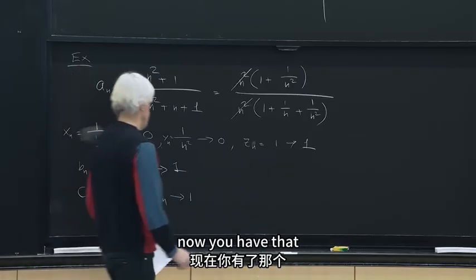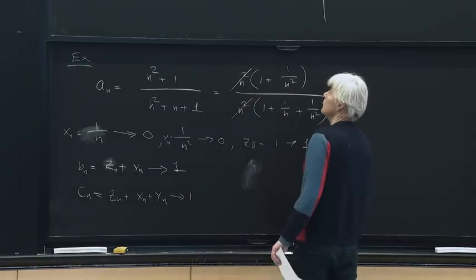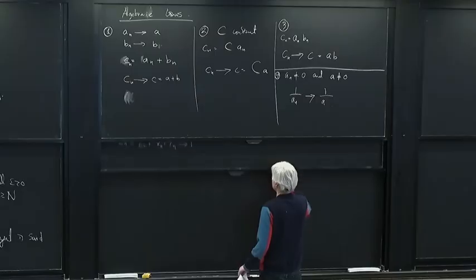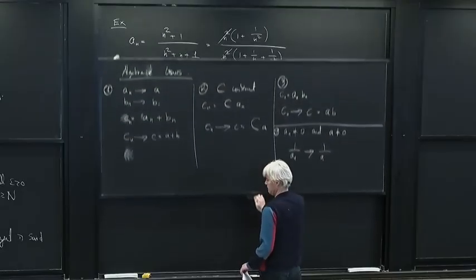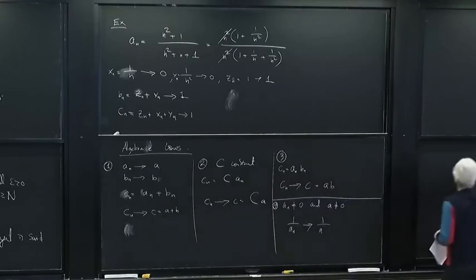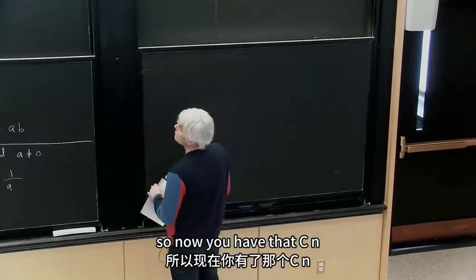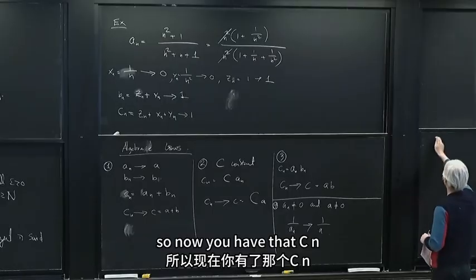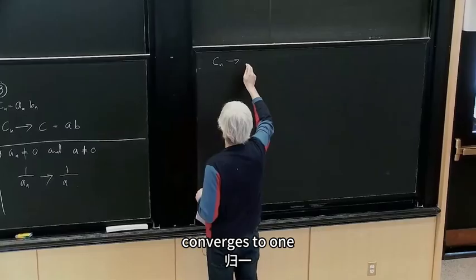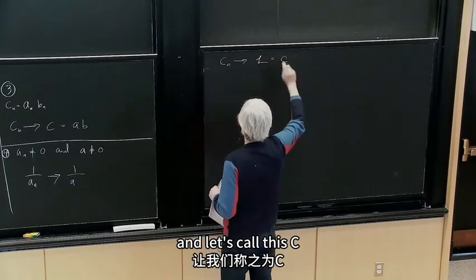So now you have that Cn converges to 1, and let's call this limit C.